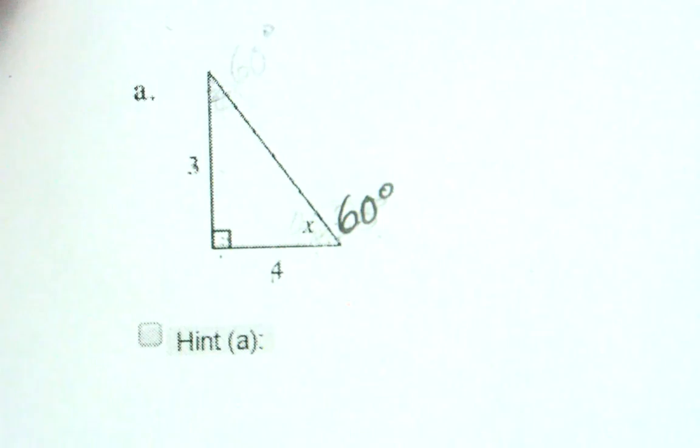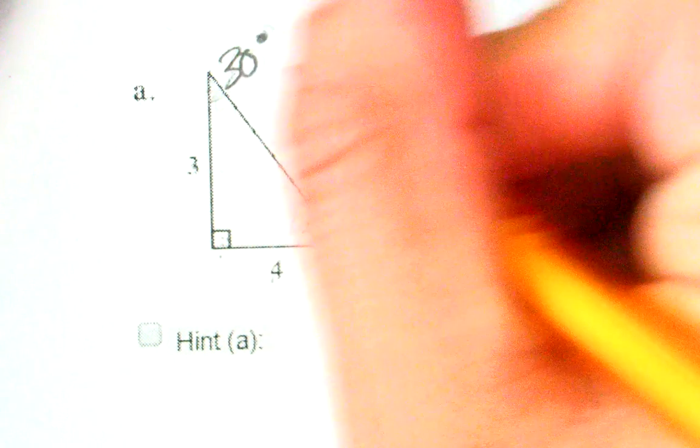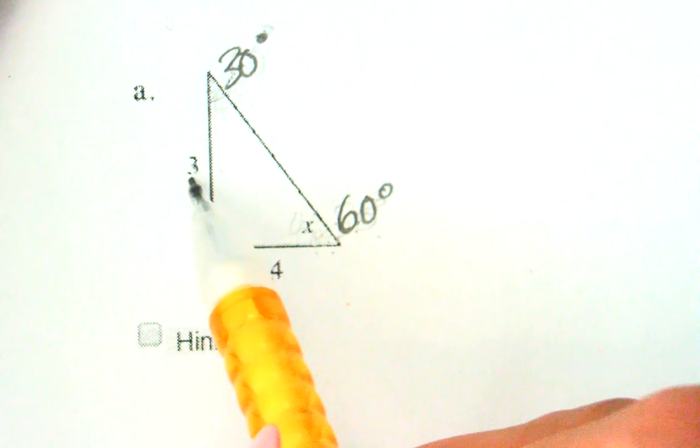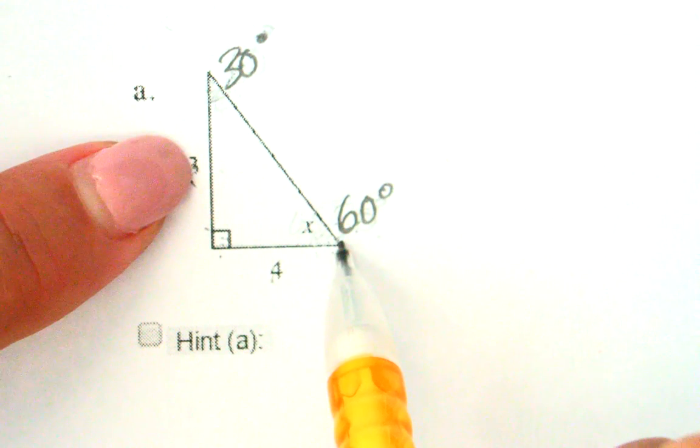So let's see if it would have worked the other way around. Let's say x was more than 45 degrees. Let's say x was the 60 part. Well, that would mean this part would be the 30, because 30 plus 60 plus 90 is going to give you your 180. But it fails, because the smallest side has to be across from the smallest angle, and the smallest side is 3, but it's not across from the smallest angle.